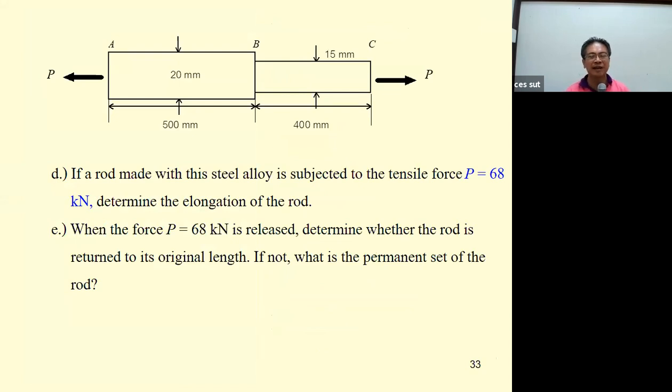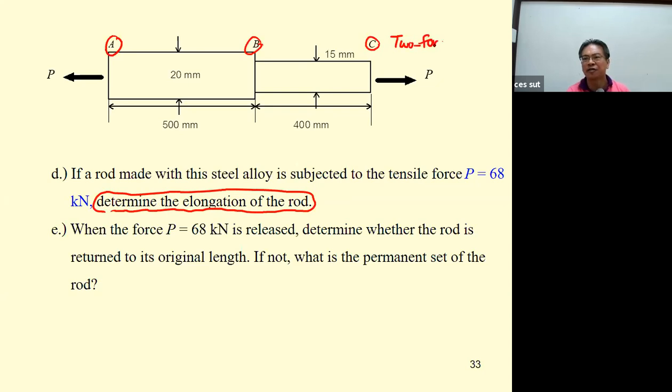You must use this mechanical property and your knowledge of the stress strain to determine the elongation of the rod. And then this rod is what? This rod A, B, and C is the two force member. The ABC is in tension. Okay. And to determine the elongation of this, you have to first check the force inside it.